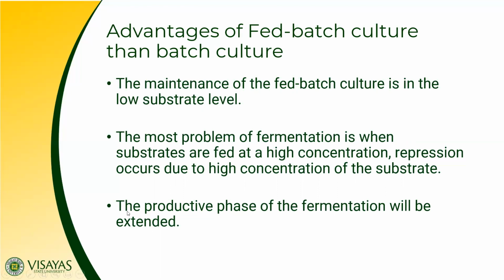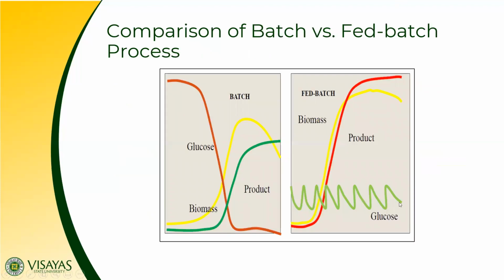And another advantage is that the productive phase of the fermentation will be extended. As you can see in the graph, class, the biomass is constantly increasing. So there is a longer period of time during which the microorganisms will not reach a stationary phase.